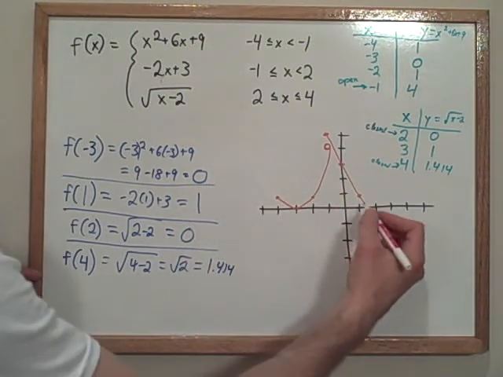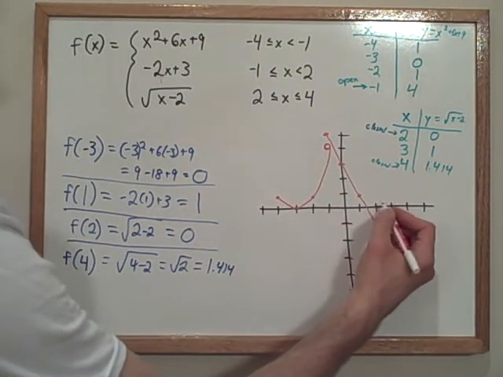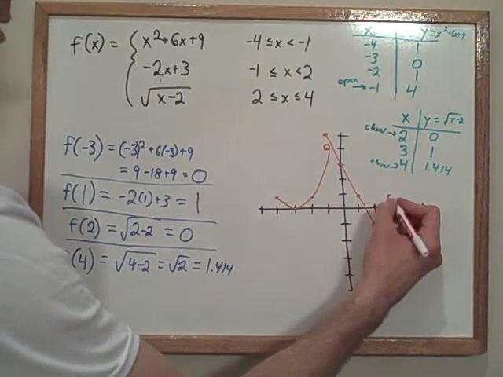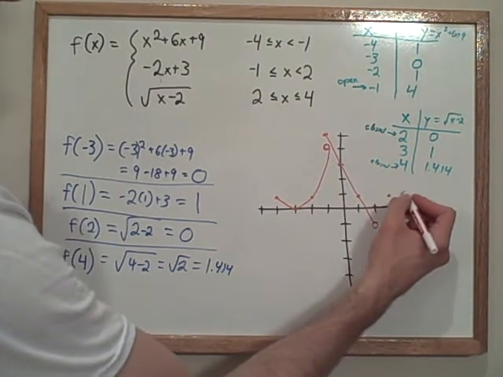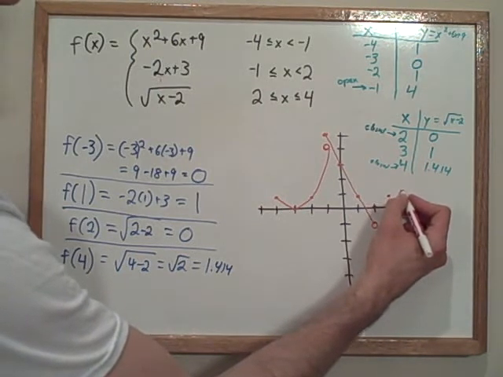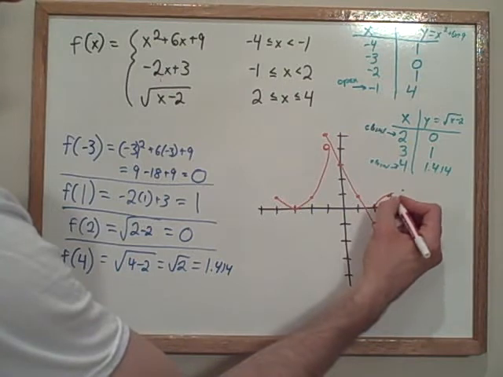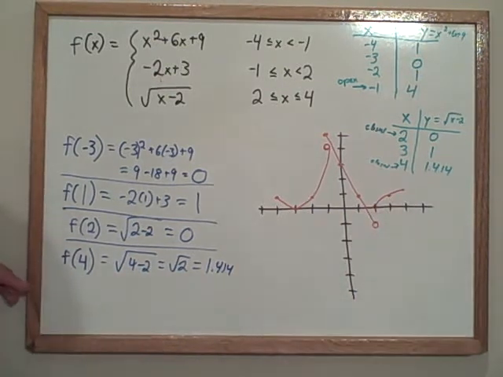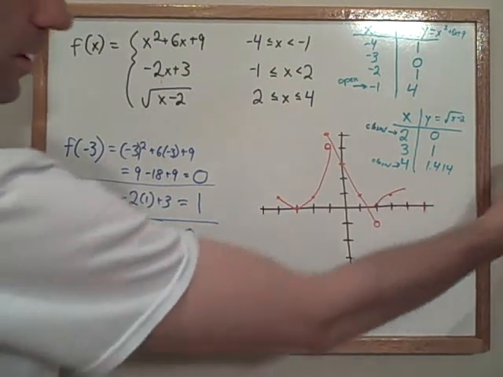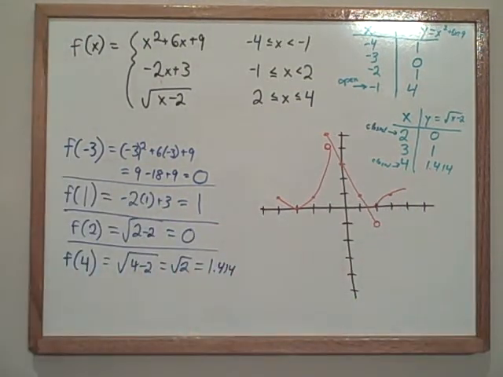So, 2, 0, closed. 3, 1, closed. 4, and then 1.414 like that. It's closed, and it goes like this, and that's it. Don't continue it. A square root function would continue, and it would go like that, but we're not going to continue it.